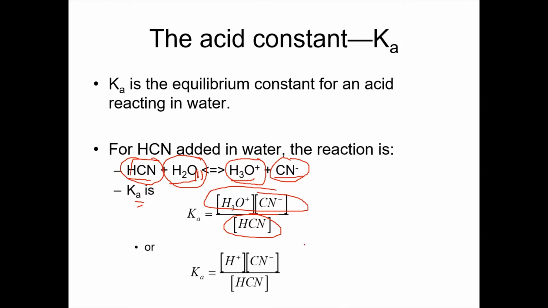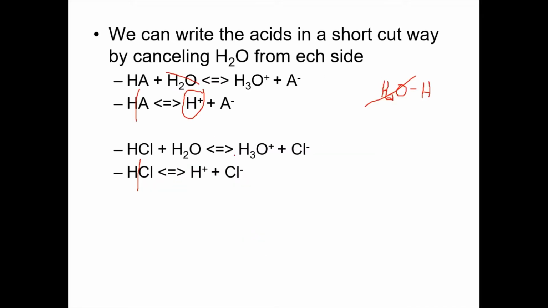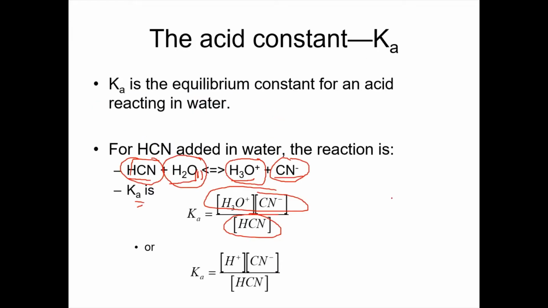Okay. And by the way, down here at the bottom, if we just went ahead and made the Ka for the reaction with the shortcut that we have down here, as opposed to the whole thing, it kind of looks like this, right? Instead of H3O plus, H plus. But then we already said that H plus is the same thing, and we'll put it as a concentration.